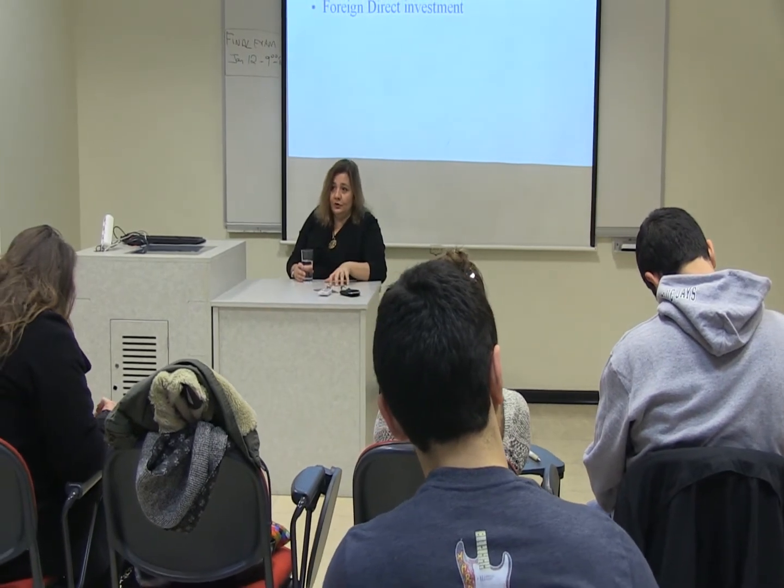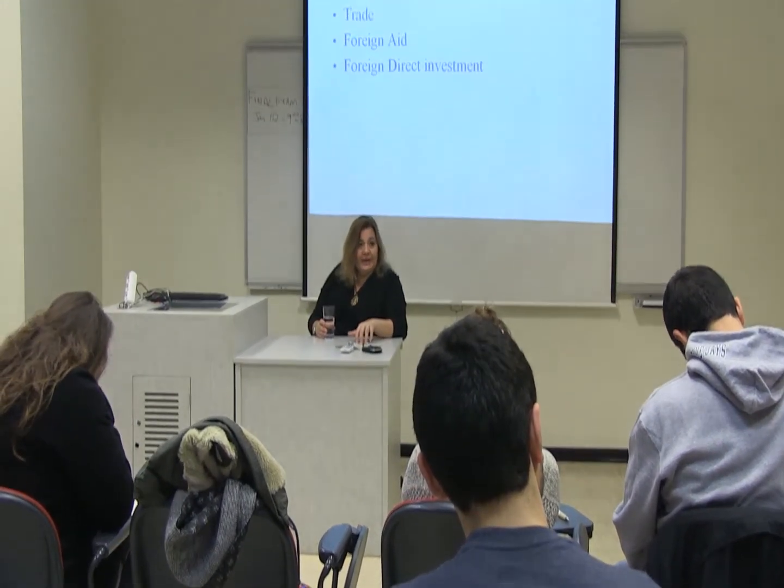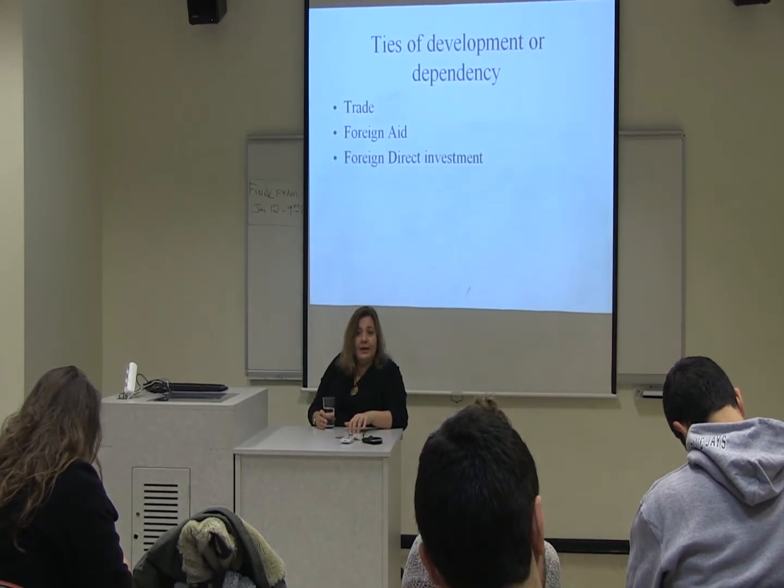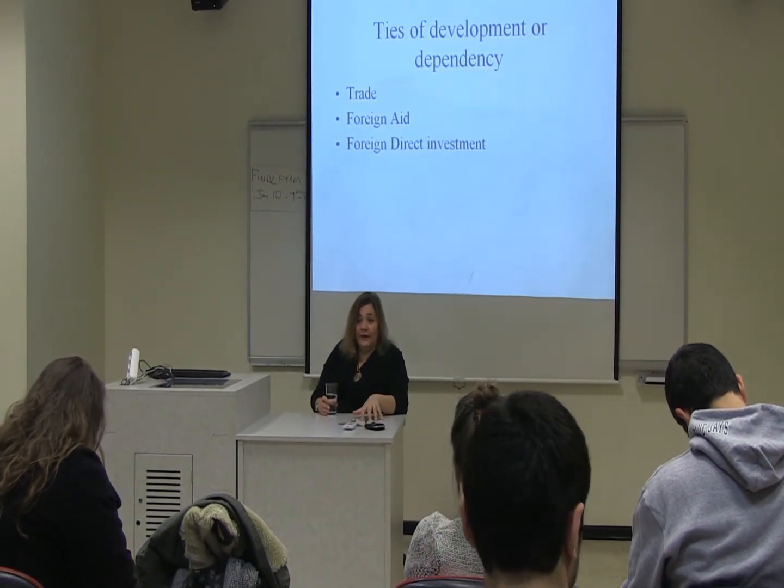Countries such as Singapore, Hong Kong, Taiwan, South Korea, Japan in the 60s. They all used the international trade mechanism to break the cycles of underdevelopment and to become the most rapidly growing economies in the world.